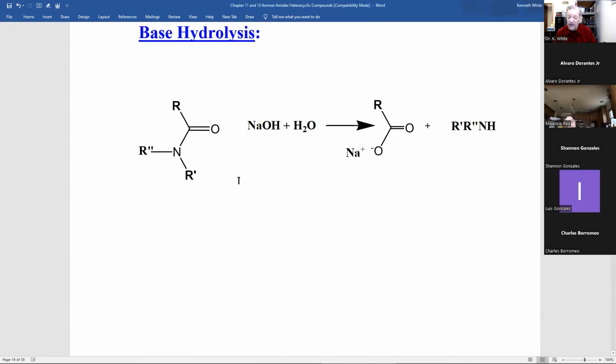Now, if you can react an amide with acid, you can react it with base. And the base we'll use is sodium hydroxide. Now, let me rewrite this.